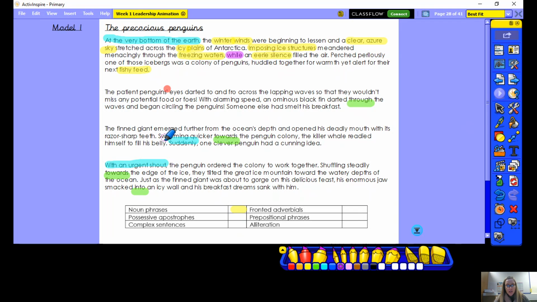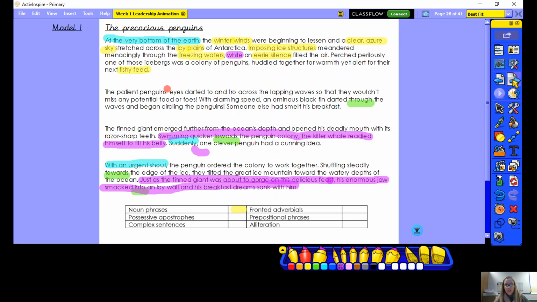Another example, swimming quicker towards the penguin colony, the killer whale readied himself to fill his belly. And here you can see we've got, just as the finned giant was about to gorge on his delicious feast, his enormous jaw smacked into an icy wall and his breakfast dreams sank with him.